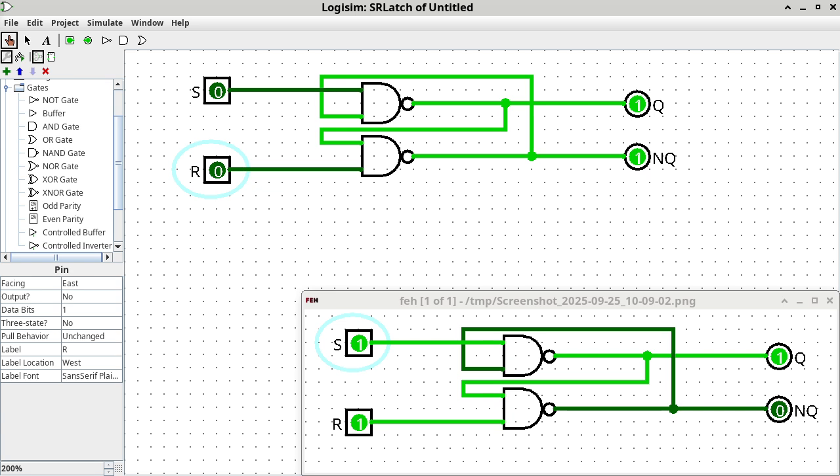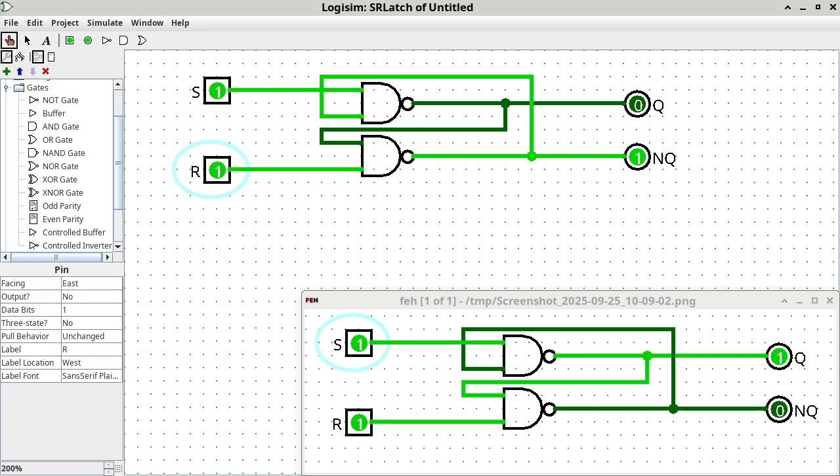So this time, I'm going to go the opposite route. I think this time we're going to change S from a 0 to a 1 first, like so, and then we change R from a 0 to a 1. Now you can see how, with the same two inputs as in the earlier sequence, we end up with Q being a 1 and NQ being a 0 there, but in this new sequence, Q ends up being a 0 and NQ being a 1.